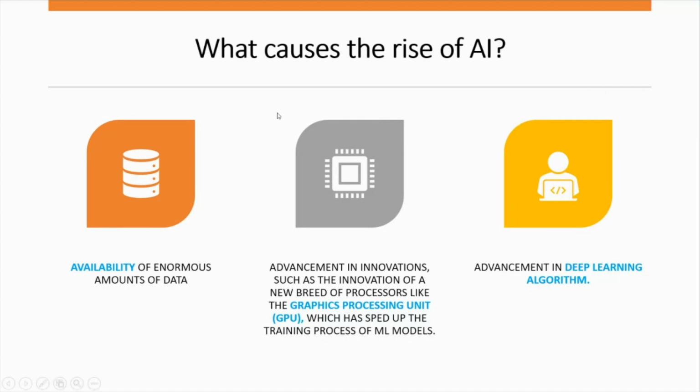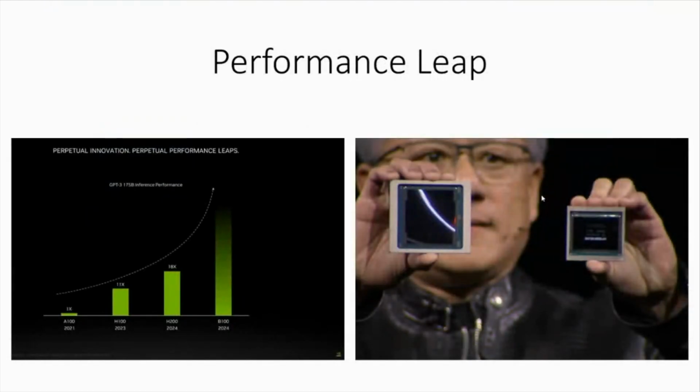Second, we have a lot of innovation in hardware like the graphics processing unit. Third is the advancement in deep learning algorithms. Like this week, we have a performance leap in our graphics processing unit already. If you see, last time it was A100 and H100 only. Then this year they came out with an 18x performance leap already.